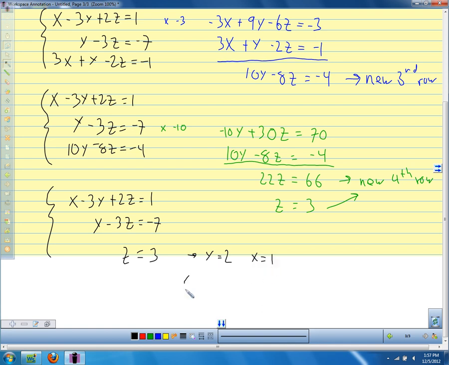So my solution is the ordered triple (1, 2, 3). Nothing particularly difficult, just a lot of steps, a lot of details to keep track of.